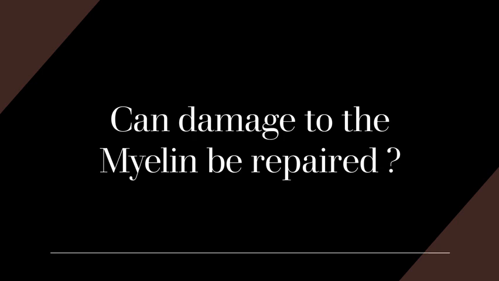Damaged myelin can be repaired in both your central and peripheral nervous systems. It is important to manage the factors that cause demyelination, such as inflammation and immune suppression or modulation treatment, including steroids, intravenous immunoglobulin, and other agents.